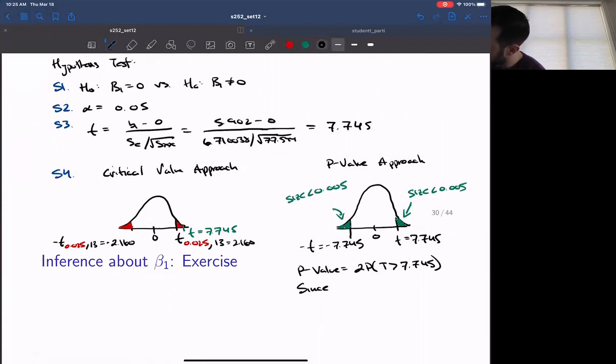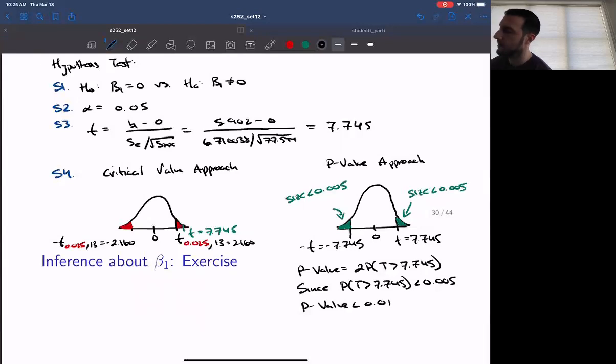Since the probability that t exceeds 7.745 is less than 0.005, the p-value is less than 0.01. So both approaches, it should be clear that we are going to reject the null.